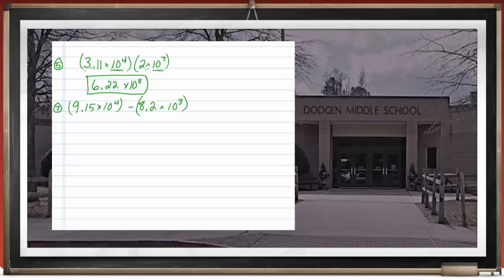So we need our first term, 9.15 times 10 to the 4th, to be adjusted so that it has a 10 to the 3rd power. And we know that when we bring the decimal down, or sorry, the power down, that is a result of moving the decimal to the right one place. And so we end up with 91.5 times 10 to the 3rd minus 8.2 times 10 to the 3rd.